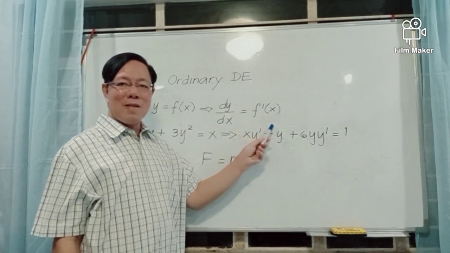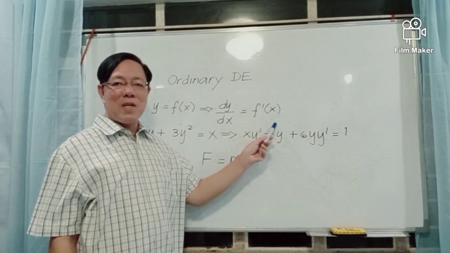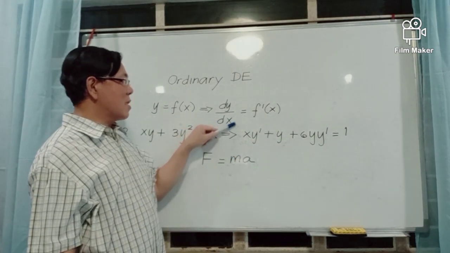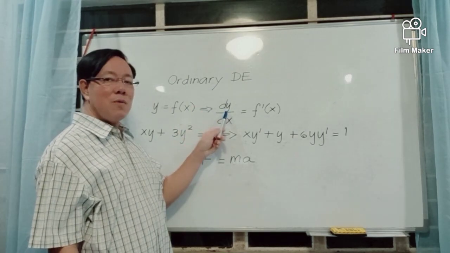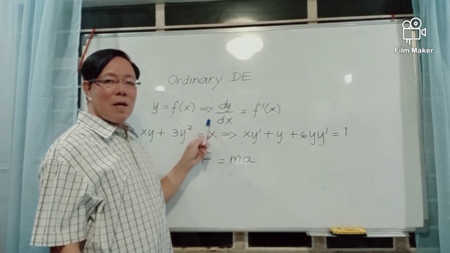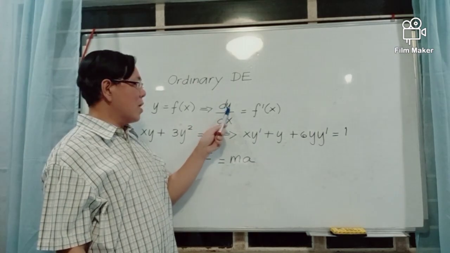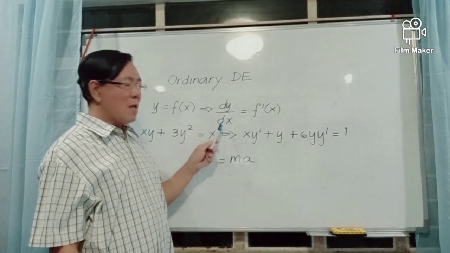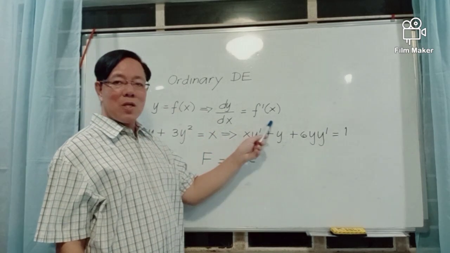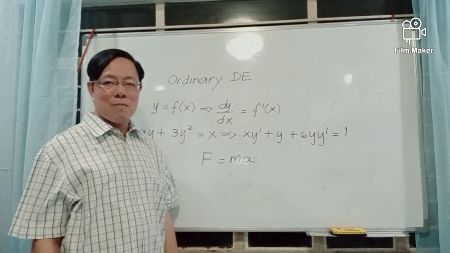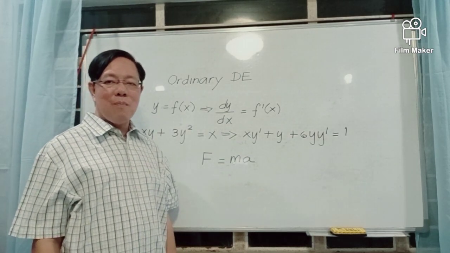This equation is an example of differential equation because it contains the derivative of y with respect to x. And this is actually the first derivative of y with respect to x. Thus, this equation is an example of differential equation. Now, consider number 2.